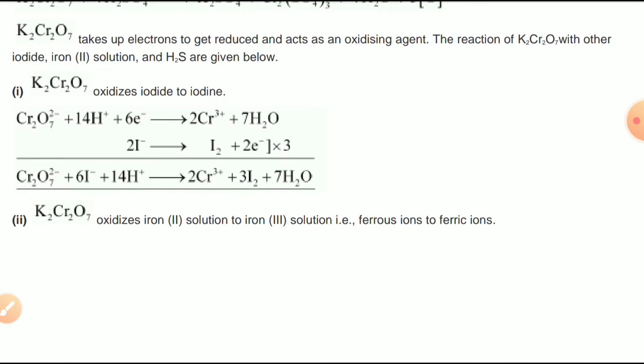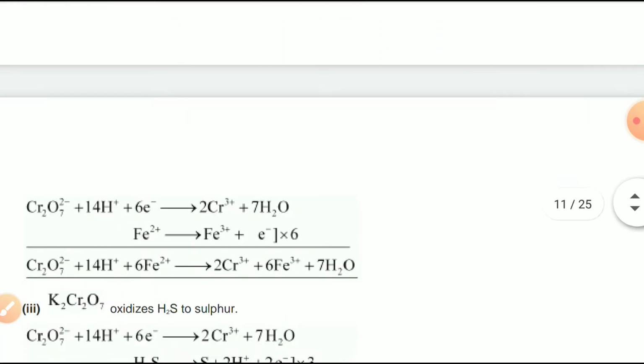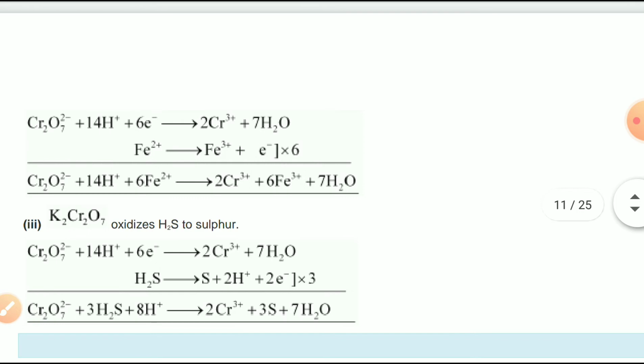K2Cr2O7 oxidizes iron(II) solution to iron(III) solution, that is, ferrous to ferric ions. Here the ions can be written as the Cr2O7 2- ion plus 14H+ plus 6 electrons is giving 2Cr3+ plus 7H2O. Fe2+ is converted to Fe3+ plus electron. Here you have to make the 6 electrons, so I will multiply the lower equation by 6, then it will become 6Fe2+ is giving 6Fe3+ plus 6 electrons.